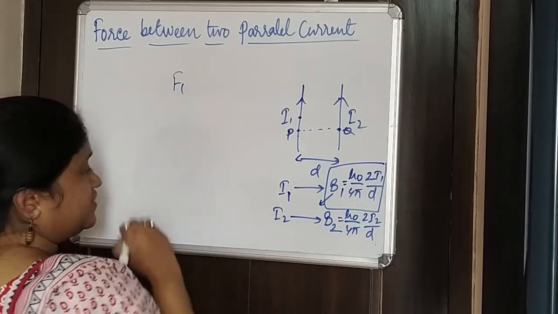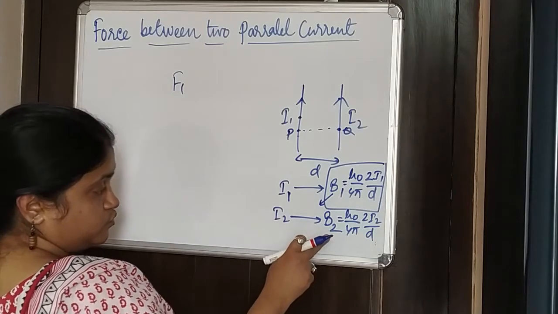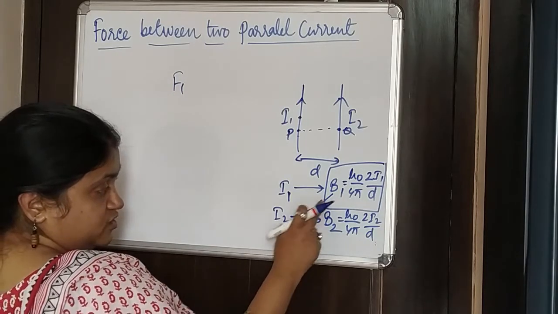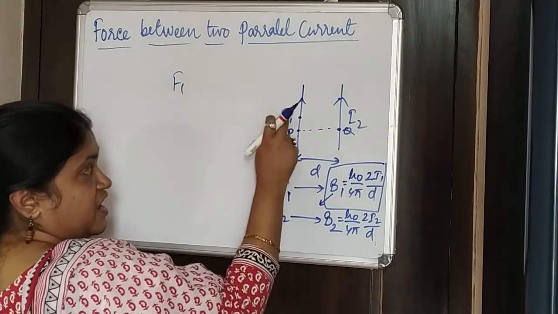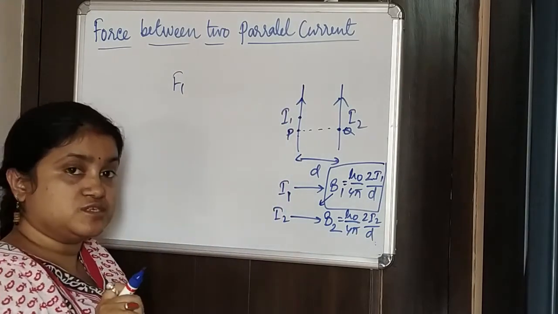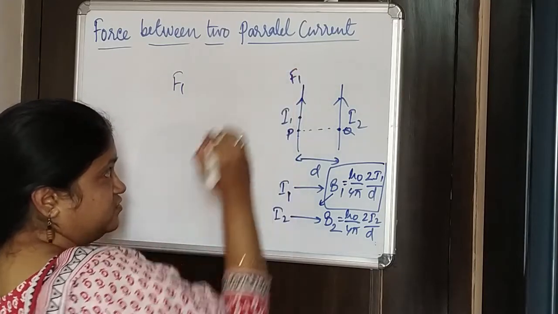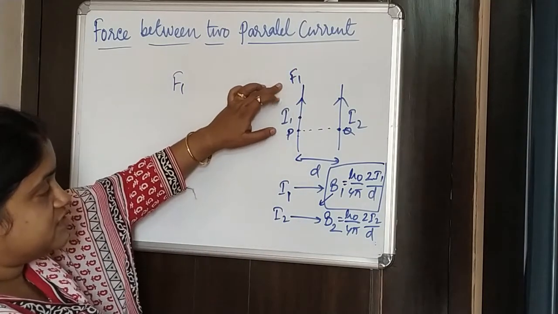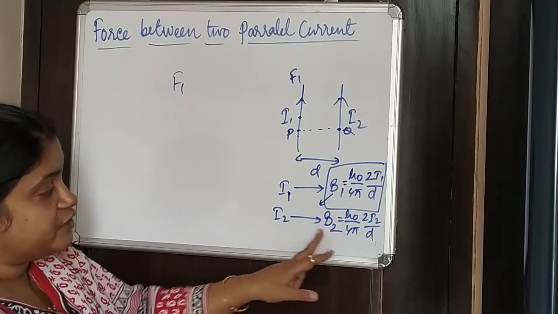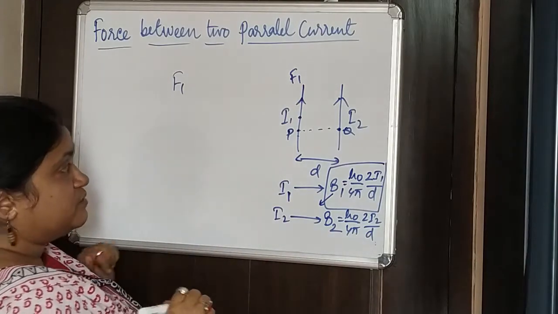Due to this B2, I1 is feeling a force. So the force on I1 is F1, and this force is due to the magnetic field B2 produced by I2. So what will this force be?